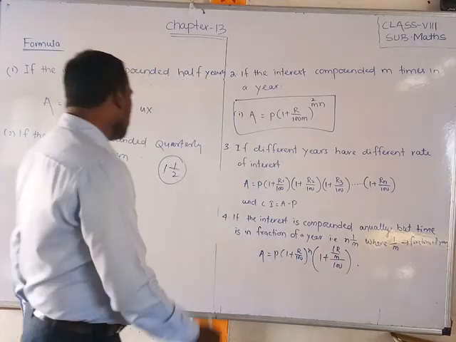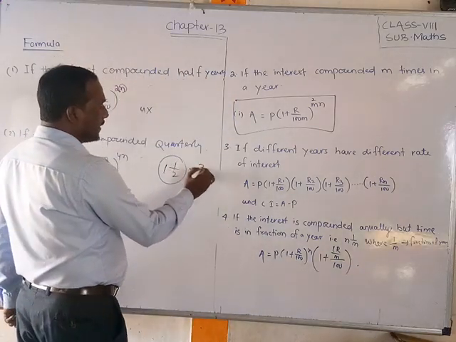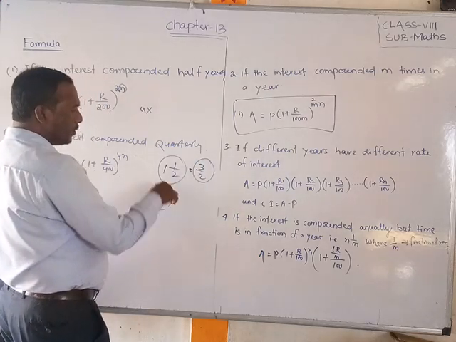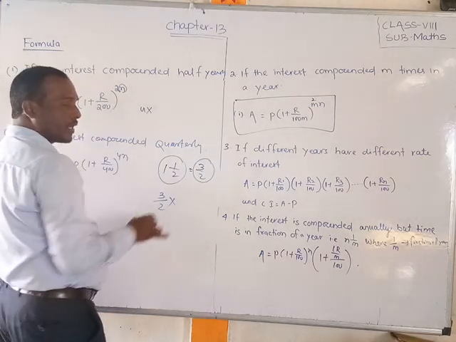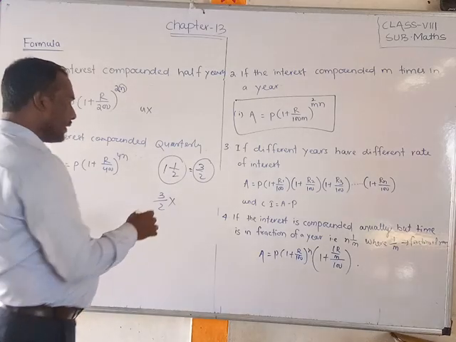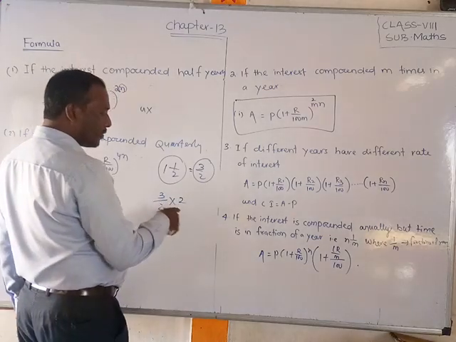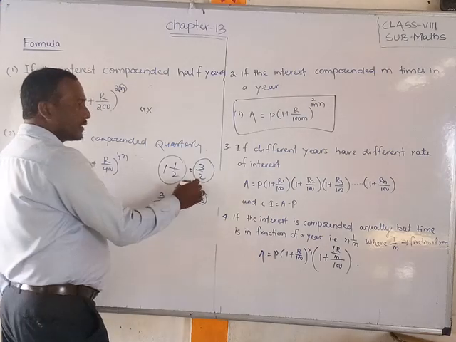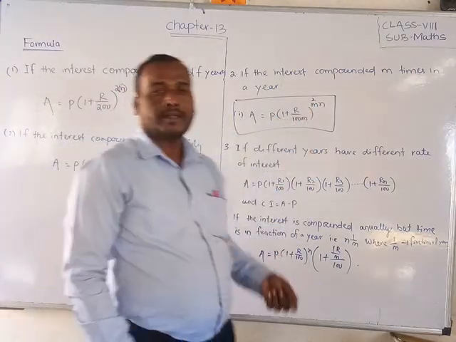This means you have to make it 3 by 2. When you write n, the n value is 2, which you already wrote as 2 into n. So 2 into 3 by 2 is equal to 3. That means in the power you have to write 3.